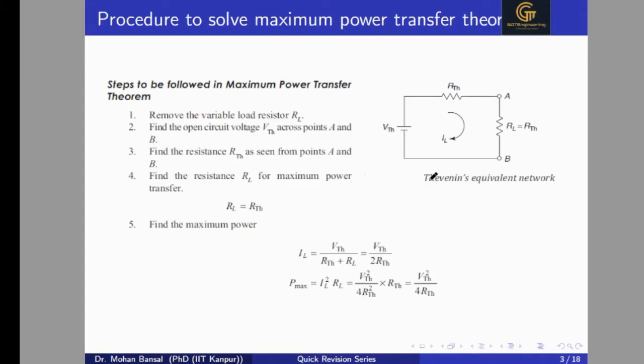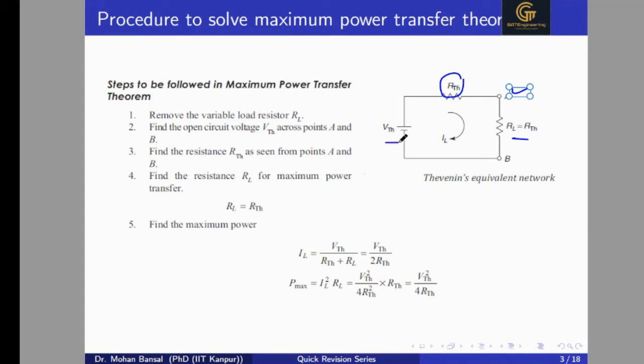This is the circuit we have, and we consider the source resistance as RTH, and we will find the maximum power in the circuit, which can be computed using Thevenin's theorem. First we have to compute RTH to get RL, because RL is equal to RTH, and we know how to compute RTH and VTH.